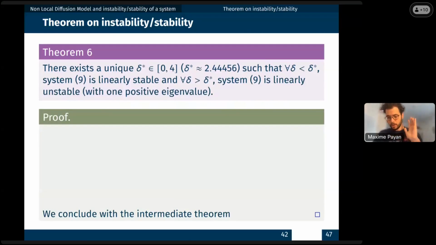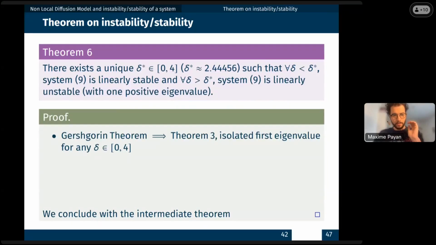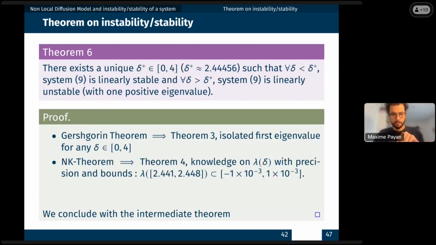So a little recap, and I finish. The Gershgorin theorem gives theorem 3, an isolated first eigenvalue for any delta from 0 to 4 with interval arithmetic. Newton-Kantorovich gives knowledge on the curve lambda of delta with precision.